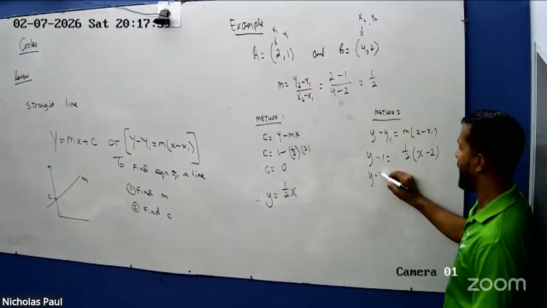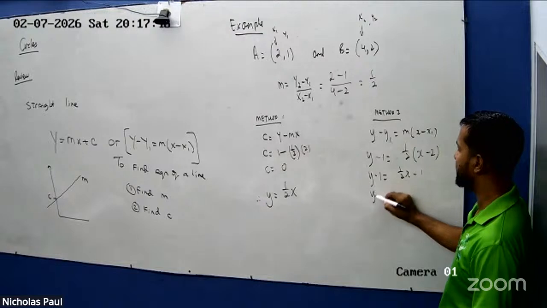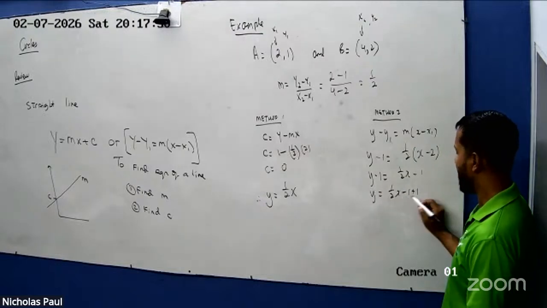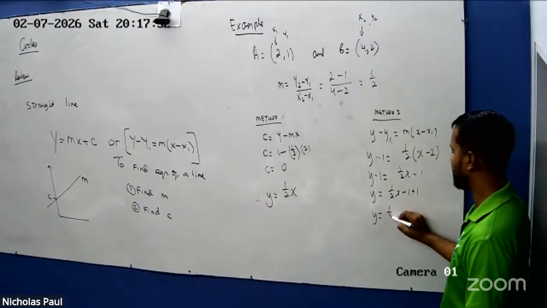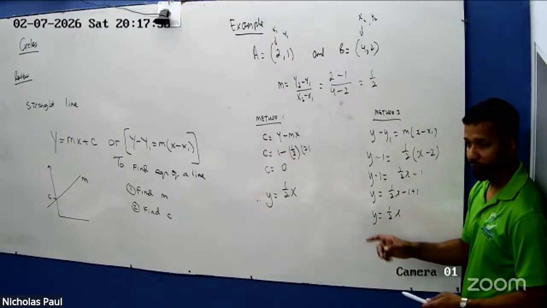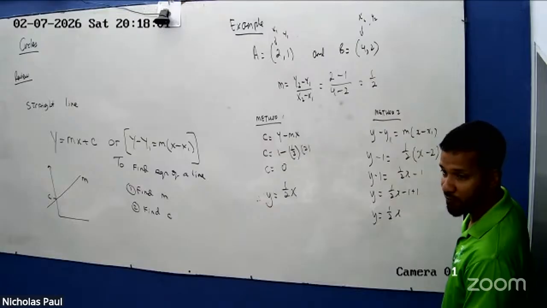So that's y minus 1 is a half times x minus 2. A half times minus 2 is minus 1. Move across, minus 1 becomes plus 1, and minus 1 plus 1 is 0. You end up with y = half x. Same thing. Either of these methods could be used to find the equation of a line.